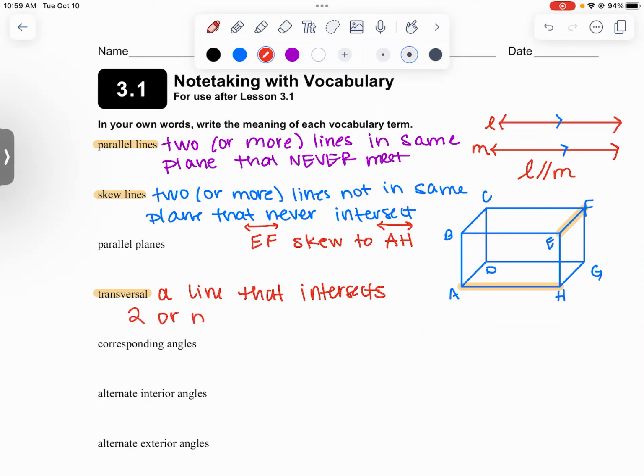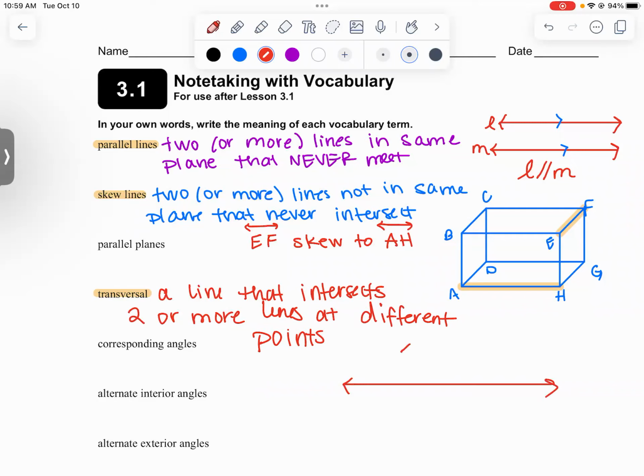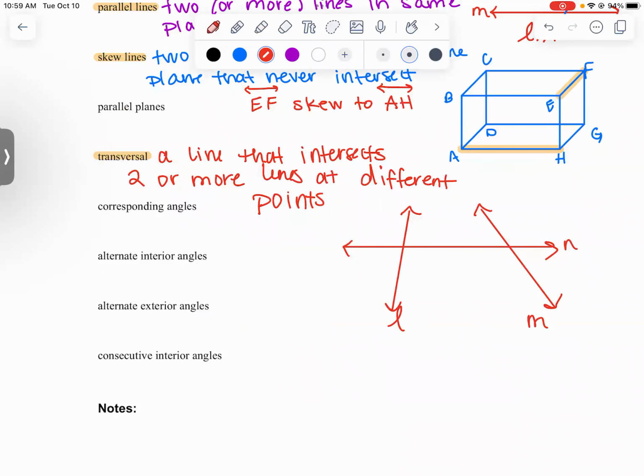Well, you only said two. Two or more lines. But they have to be at different points, so they're not all the same point.